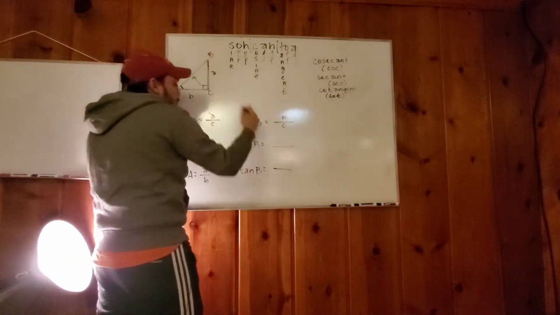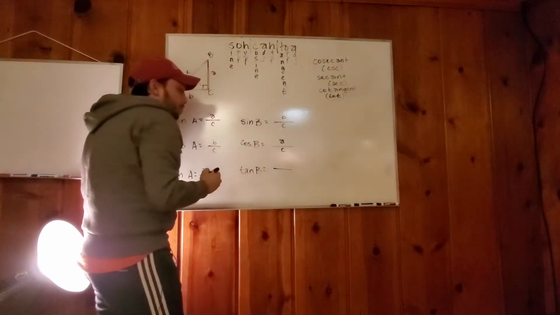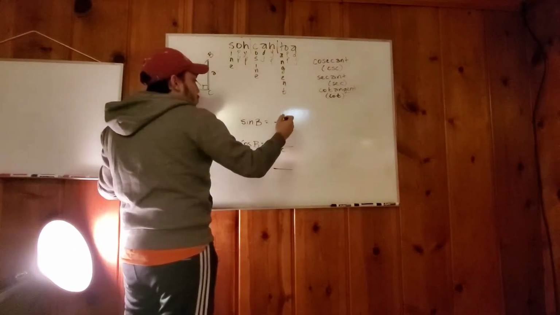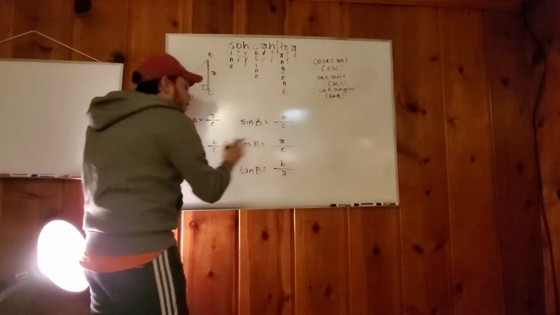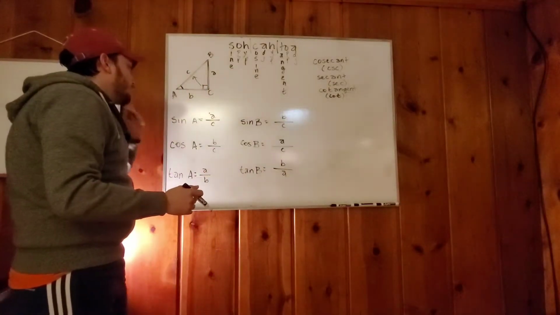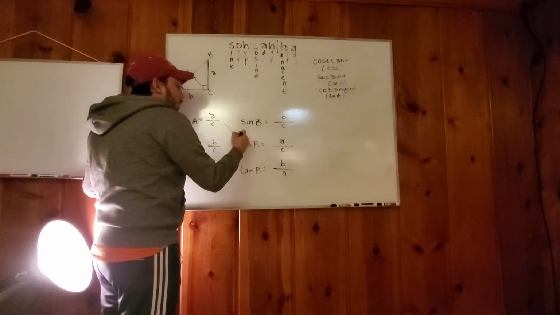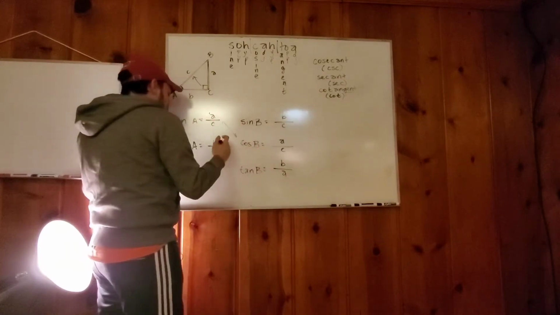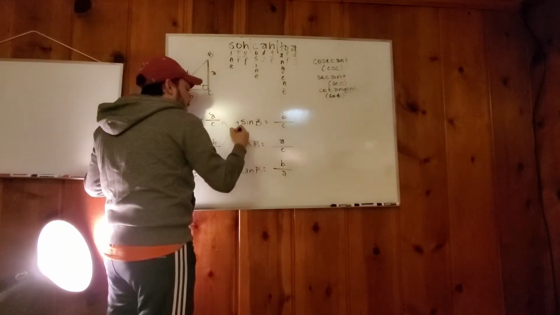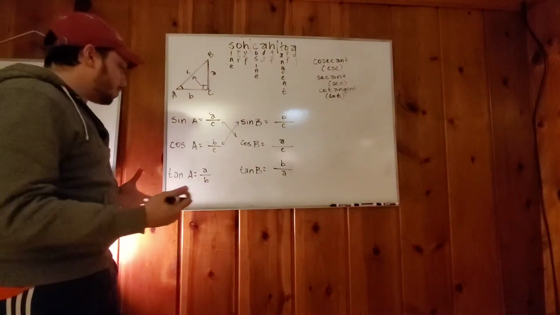The adjacent would be side A, and the hypotenuse is still C. And then the tangent would be the opposite over the adjacent, which is going to be B over A. Now I want you to understand something here. These have something in common. For example, the cosine of B and the sine of A are actually the same ratio, and the cosine of A and the sine of B are the same ratio. That's actually important to note, something to keep in mind.